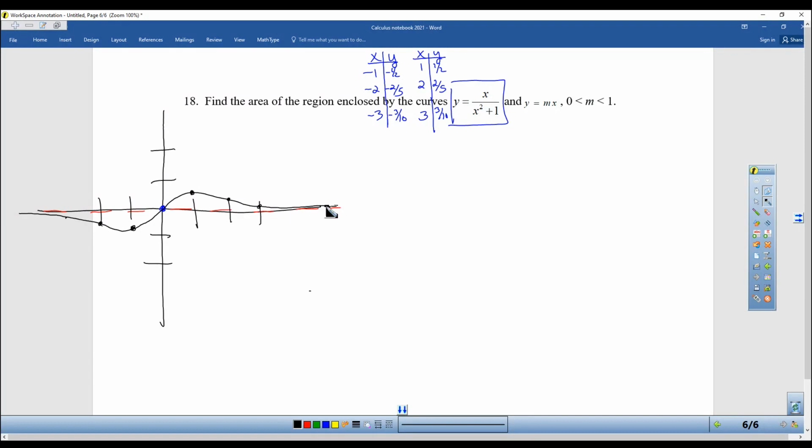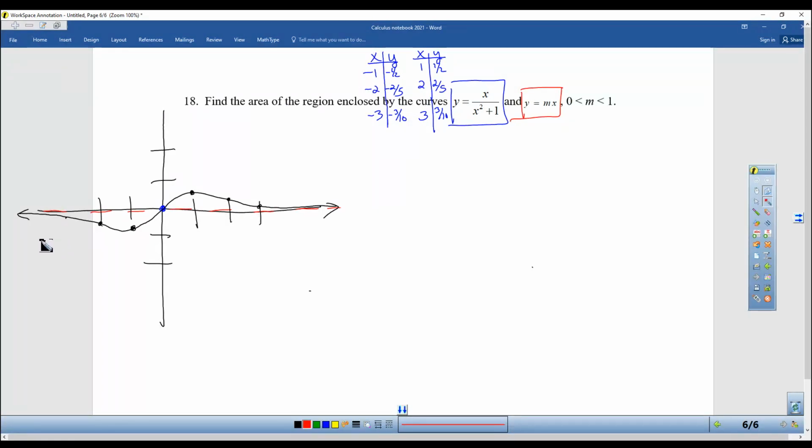Which is a very cool looking graph, not one that we've studied. And now I have some kind of a line. And it makes sense now why the slope had to be less than 1. If the slope was greater than 1, it's possible it wouldn't have even intersected with it. But let's go ahead and draw our line.